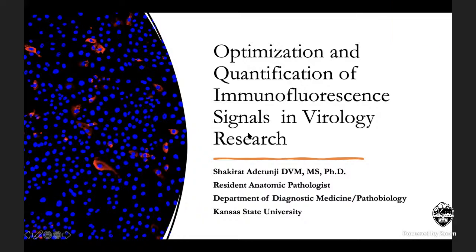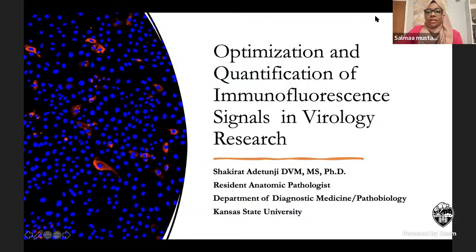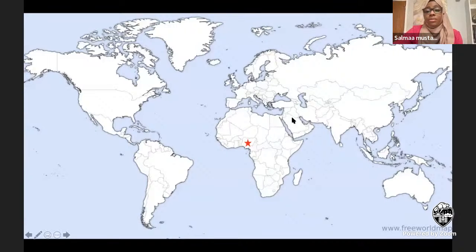Okay. Thank you very much for the introduction. Like Dr. Mar said, my name is Shakira, and today I will be talking about how you can optimize and quantify immunofluorescence signals, especially when it's related to virology research. So a little bit of introduction about me.